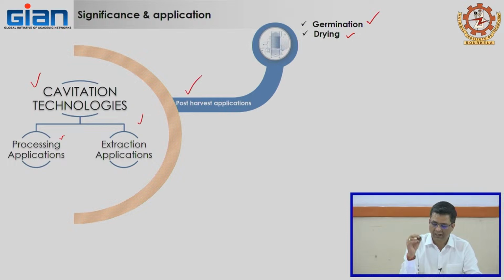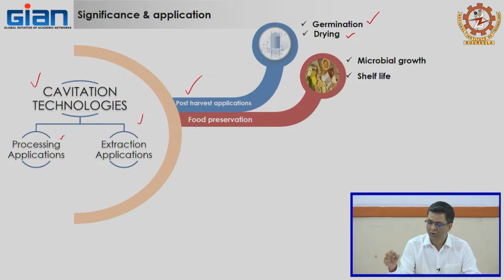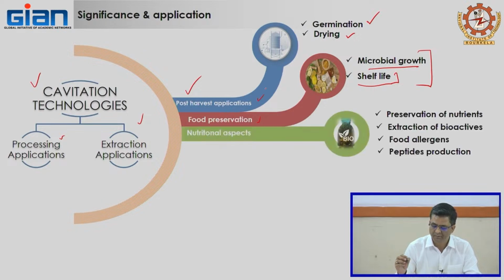So we have post harvesting operations and food preservation, microbial inactivation either by sonication or thermosonication, leading to improvement in shelf life of liquid, semi-solid and solid food products. So that is again food preservation.